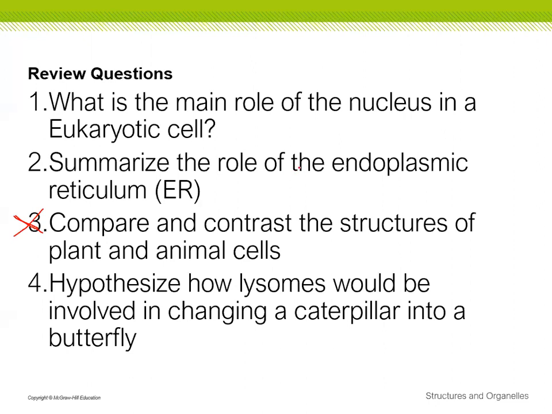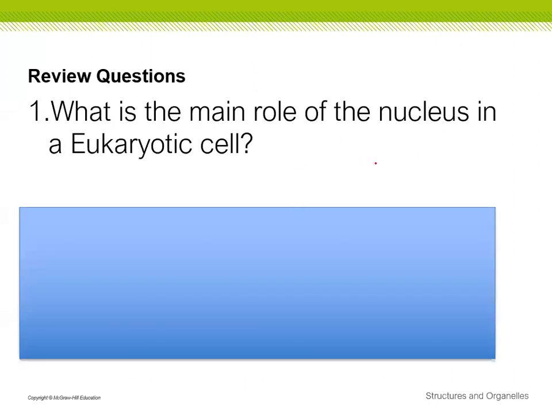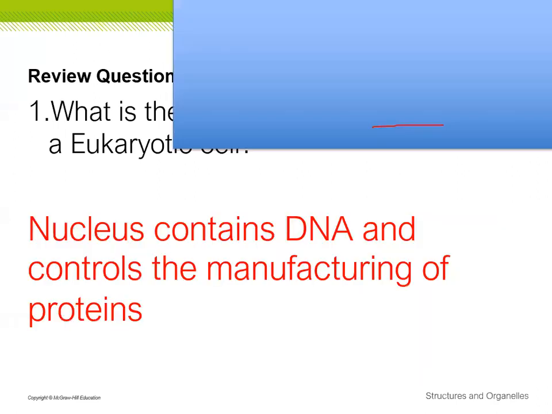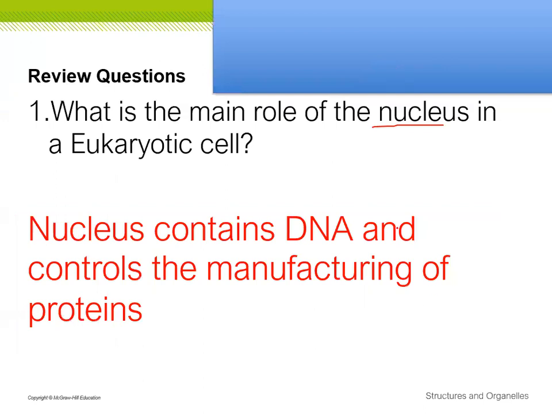Cool. So first one here, what does a nucleus do in a eukaryotic cell? Any guesses? Again, try not to use your notes. I know we're going from yesterday. What is stored in a nucleus? DNA. Yeah. So what does a nucleus do? It contains DNA and it controls the manufacturing of proteins.